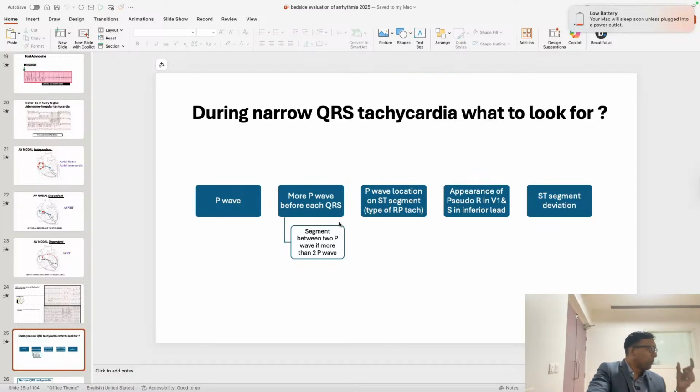Now with one P wave followed by long RP versus short RP: long RP gives atrial tachycardia as the first possibility, or PJRT. If the P wave is there but it is a short RP and it falls just after the QRS, then it behaves like a pseudo R wave in V1 and a pseudo S wave in lead 2. In that scenario, you have to make a diagnosis of AVNRT, because QRS and P are simultaneous. How is it possible? Both are activated at the same time. This is called parallel activation, with ST deviation.